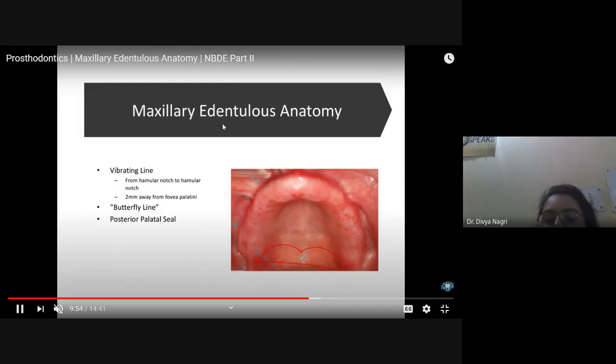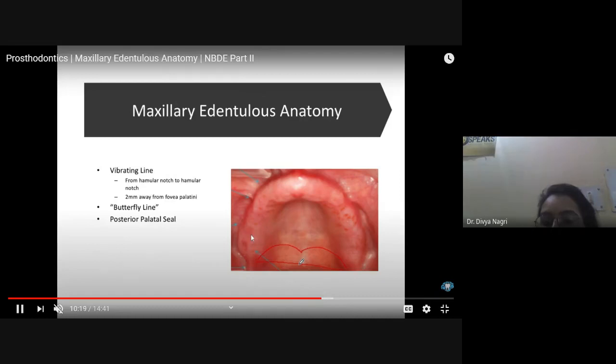So if you start with the proceedings, first you have to understand that a patient who comes to you and is not having any teeth in his or her mouth is an edentulous patient. Before making the impression, you have to see all these anatomical structures in the patient's mouth.